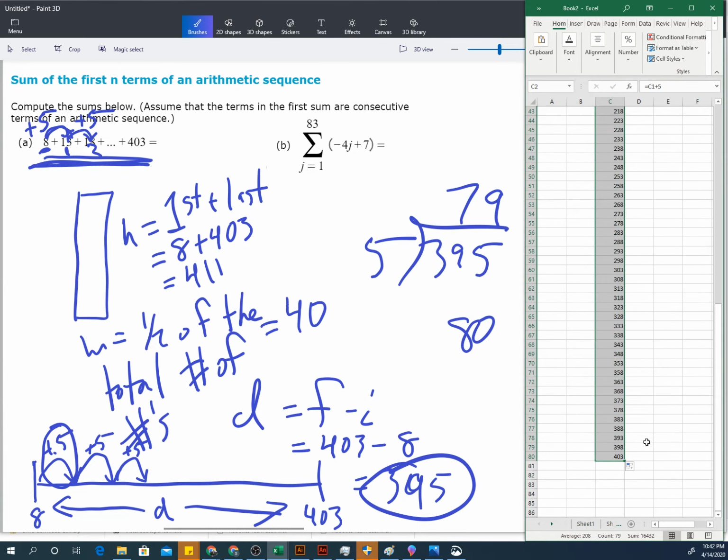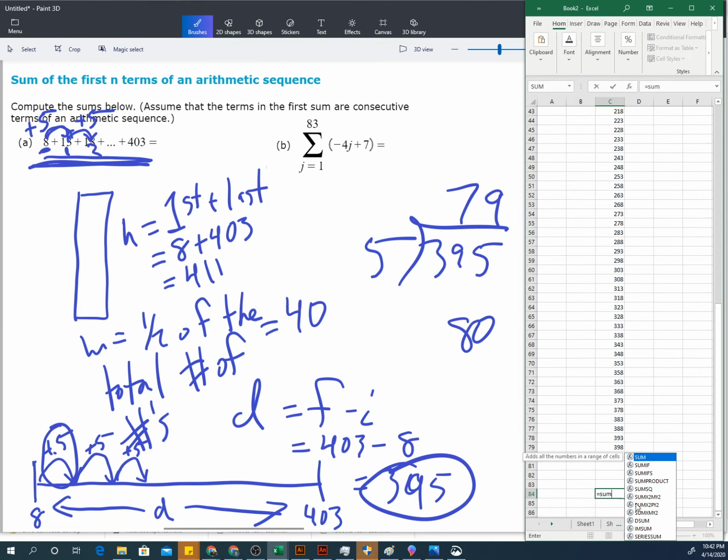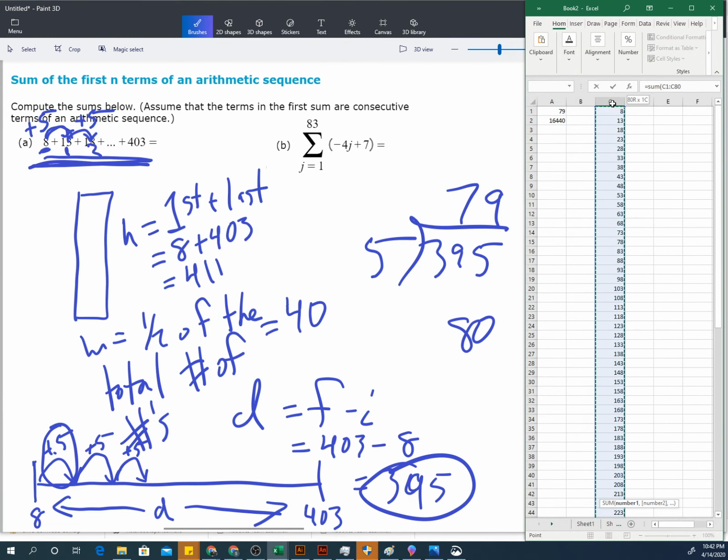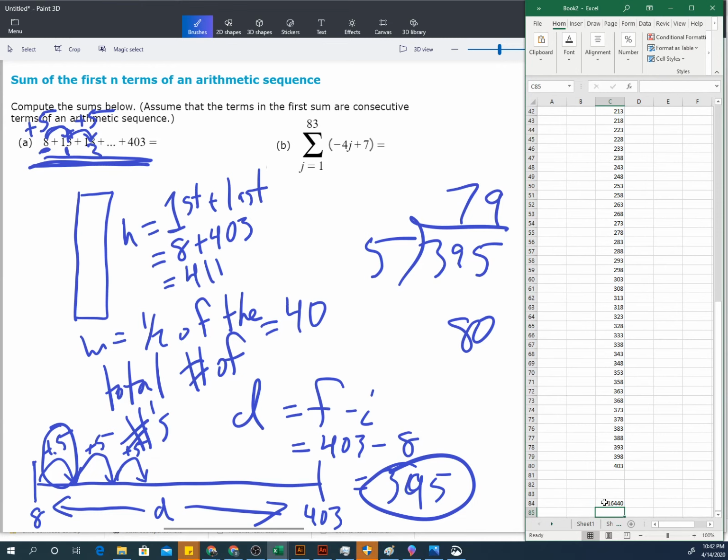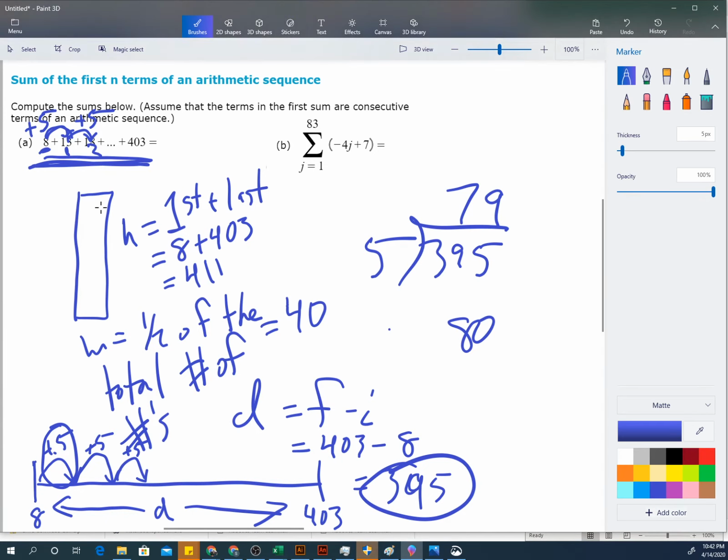And there we go. You can see the 80th number is 403. And now if I'm going to want to add them up, I just say equals sum. Highlight all my numbers, close parentheses. And there I get, again, 16,440.